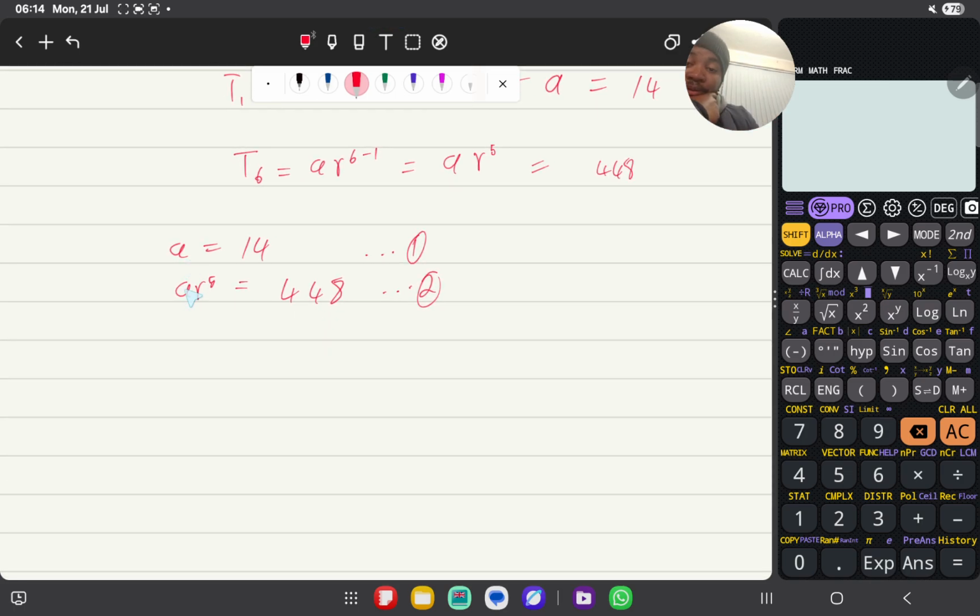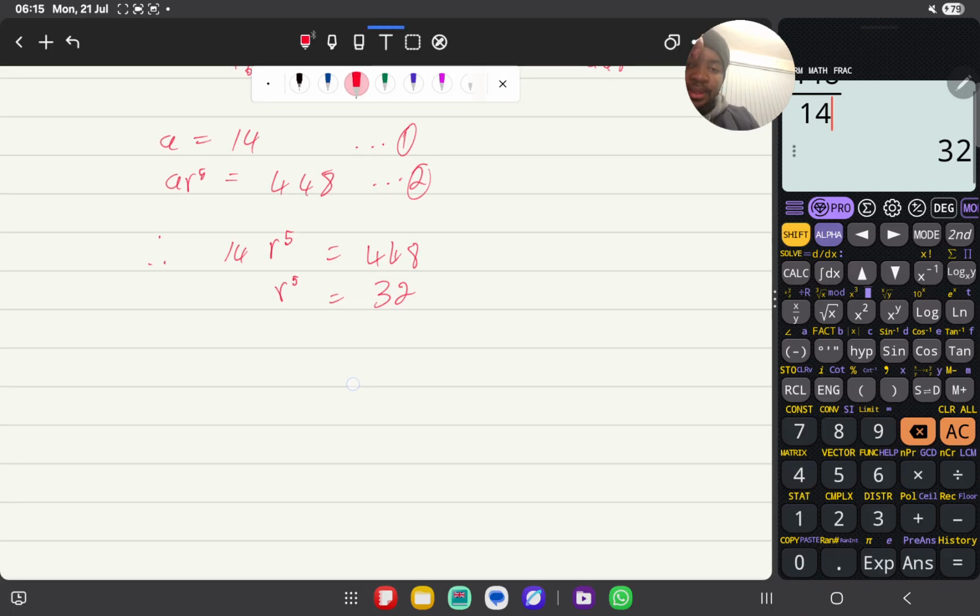Because from here we see a is 14, therefore we've got 14r to the power of 5 equals 448. We divide by 14 both sides. We get 448 divided by 14, which is 32. And 32 is 2 to the power of 5, yeah?